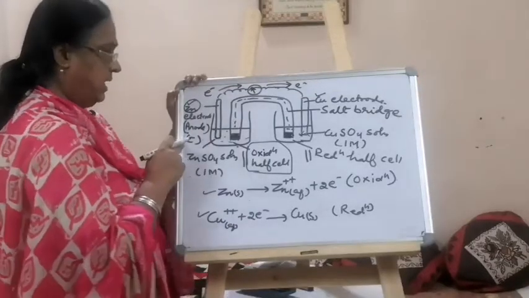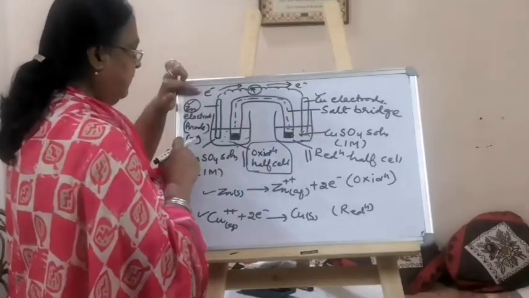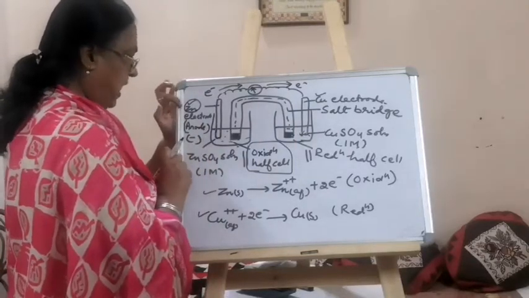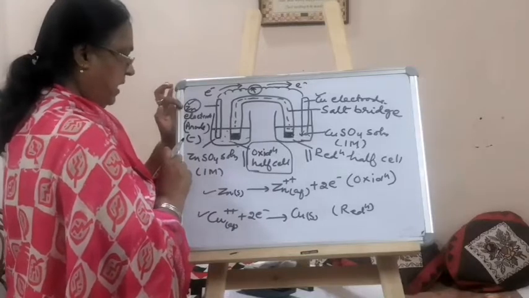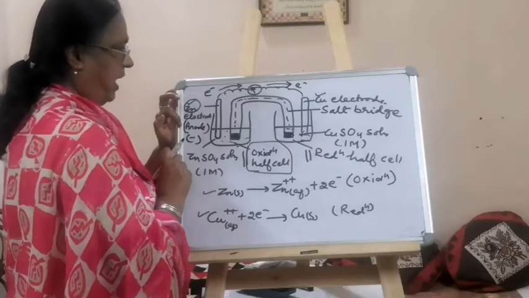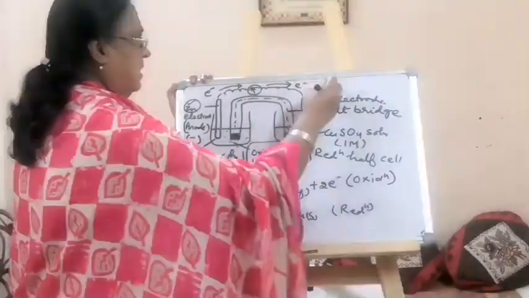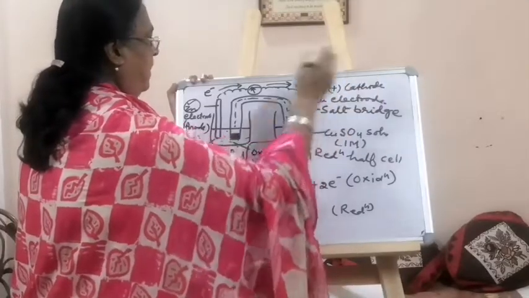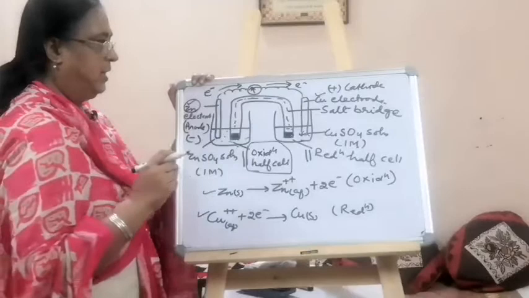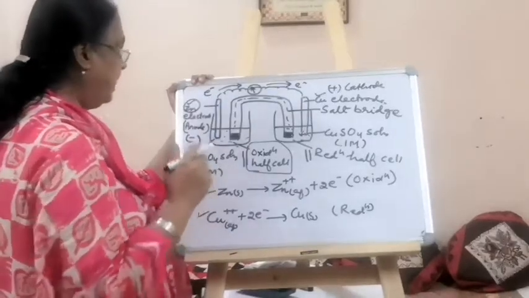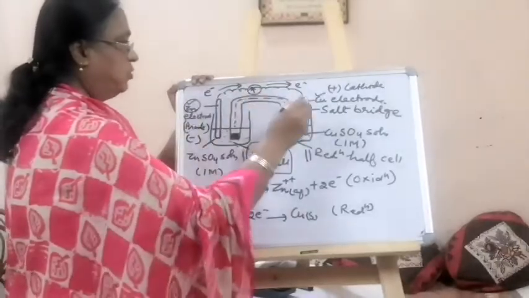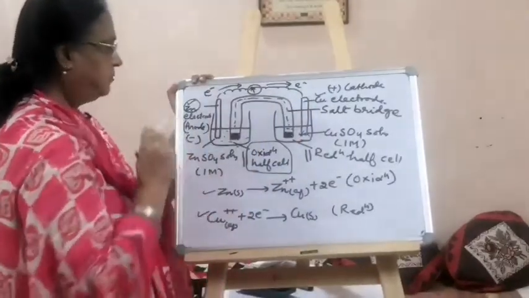So in this it is negative, and electrons are being collected here. So the more reactive metal will serve the purpose of anode and here is your cathode. Cathode is positive in your galvanic cell. So electrons will flow externally from anode to cathode, remember that.